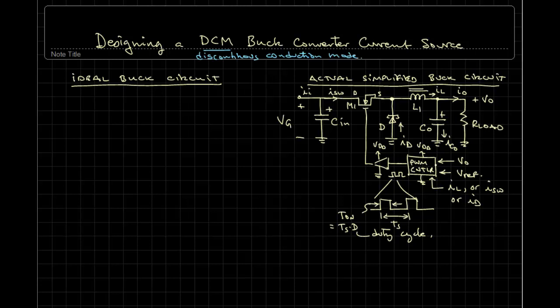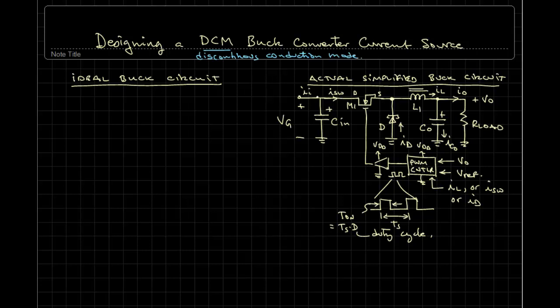You can imagine that without monitoring the current and just looking at the output voltage and controlling the duty cycle, we can end up with an underdamped response of the system, because the inductor L1 and the output capacitance CO are a second order system that theoretically could oscillate. And so having current feedback helps to avoid that problem.